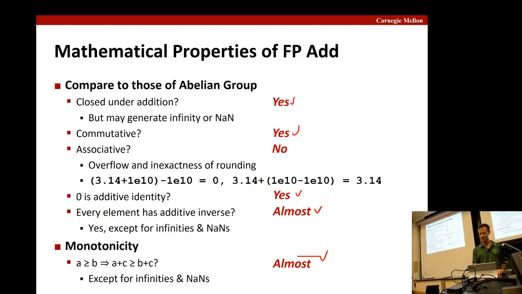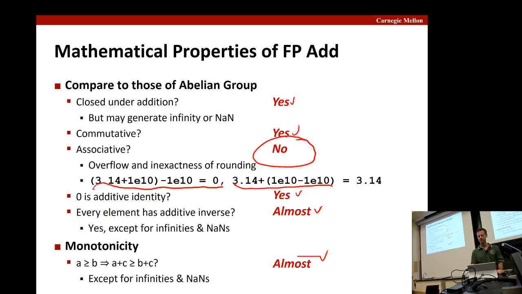So the catch, and this is a big catch if you're ever doing any sort of numerical computation, and this was touched on in the very first lecture, the overview lecture, is that you lose associativity. Basically, because of the overflow and the fact you have to do some rounding, you can take the same 3 numbers and just associate them differently, and you get very different answers.